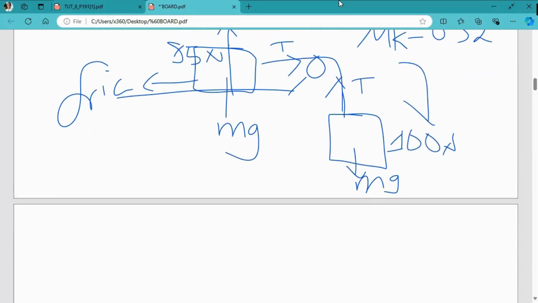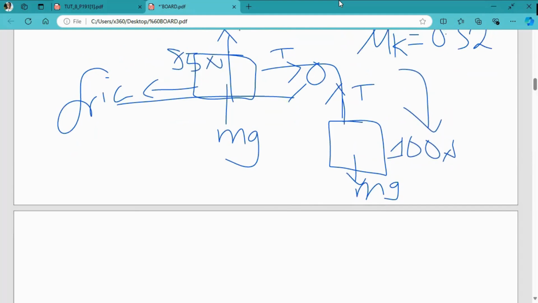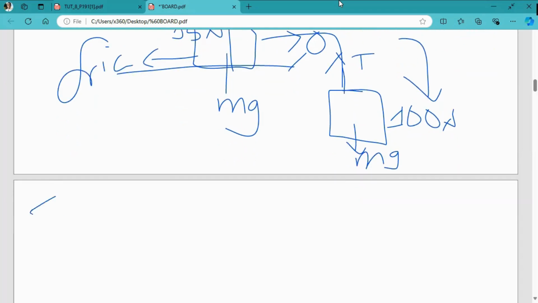So this system is going towards the right, where the 100 Newton box is hanging. So let's apply Newton's second law of motion on the object that is standing on the table. If I say summation of forces in the x-axis, because this one only has forces in the y, you can tell.